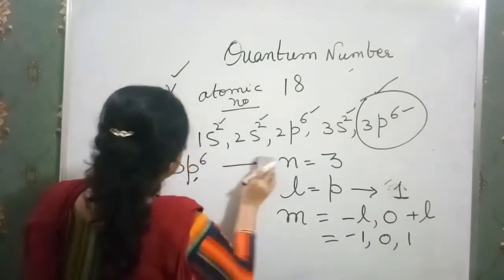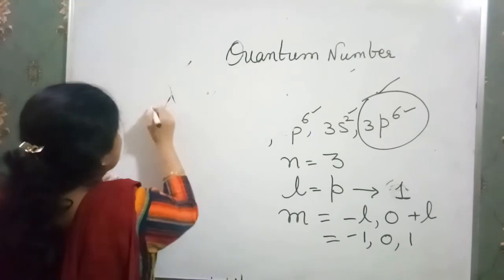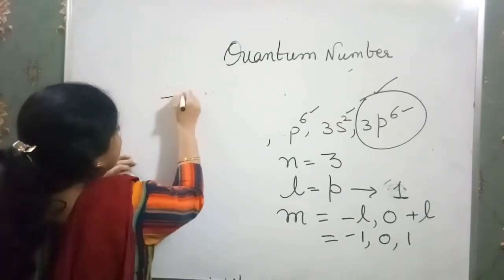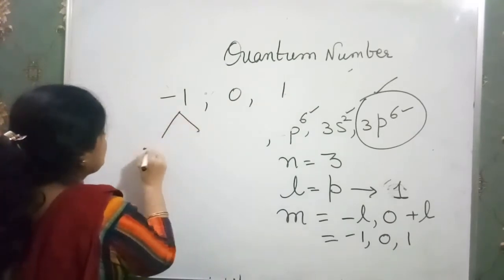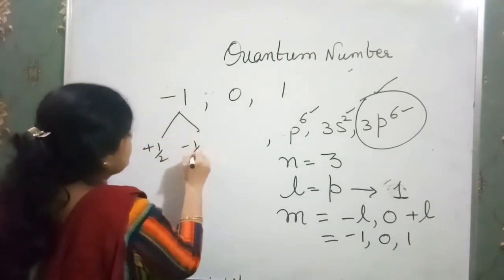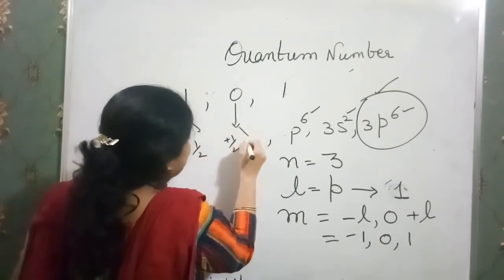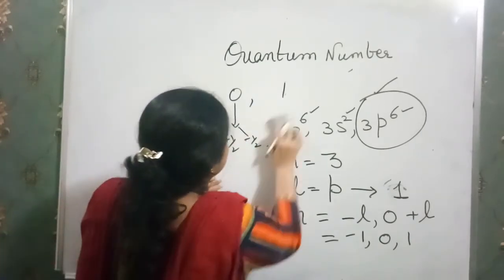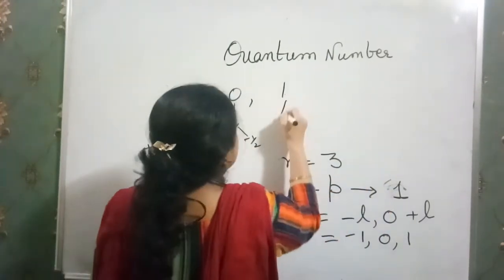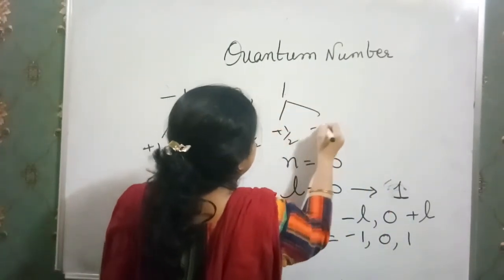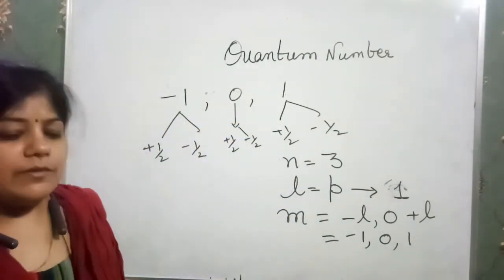That means we write it this way: -1, 0 and 1. For -1 we have +1/2, -1/2. For 0 we have +1/2, -1/2. Clear? And for 1 we have +1/2 and -1/2. In this way we write the set of 4 quantum numbers.